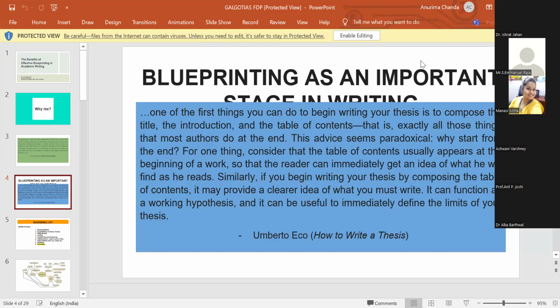So if it is giving your reader a roadmap in approaching your thesis, it could also be a roadmap that you yourself can use while writing your own research. So I will be taking it from here, while Umberto Eco talks about blueprinting at the table of contents phase.